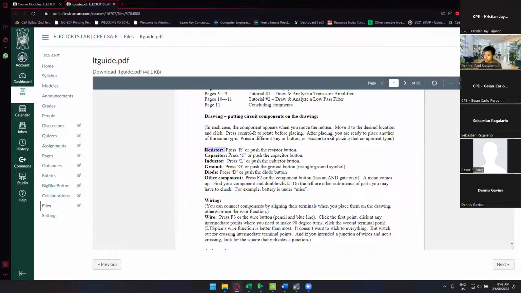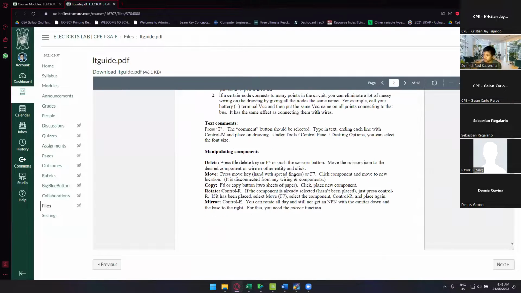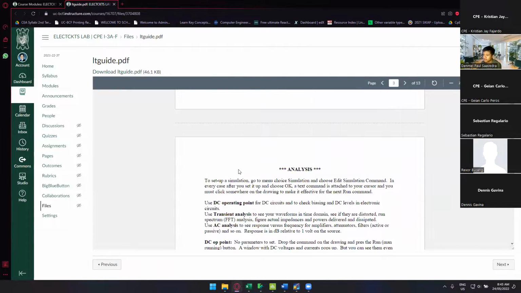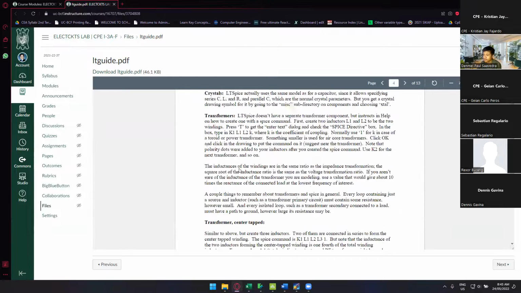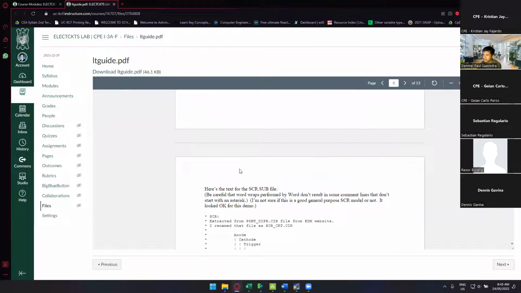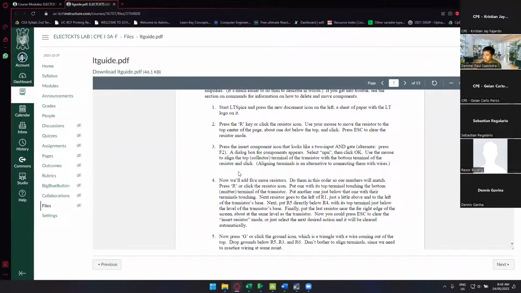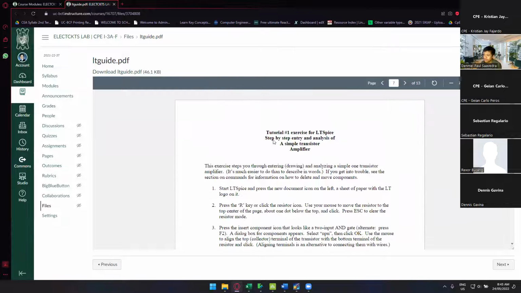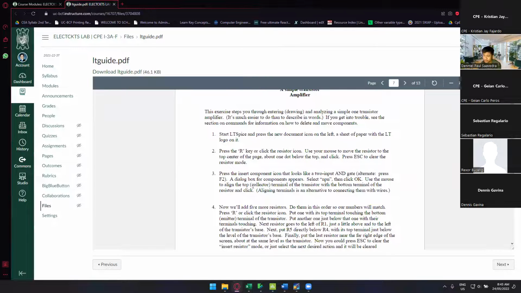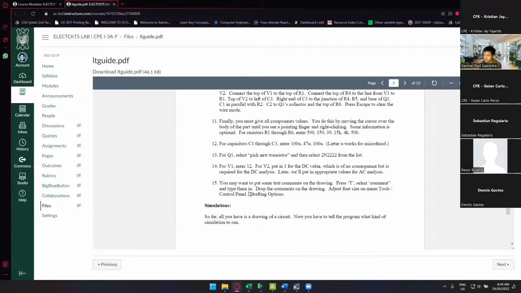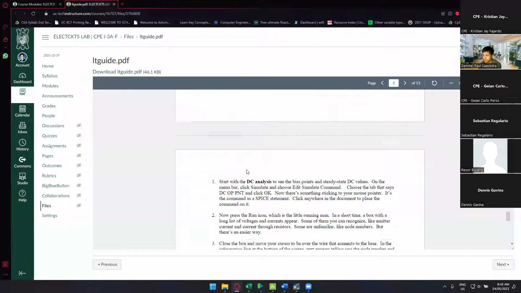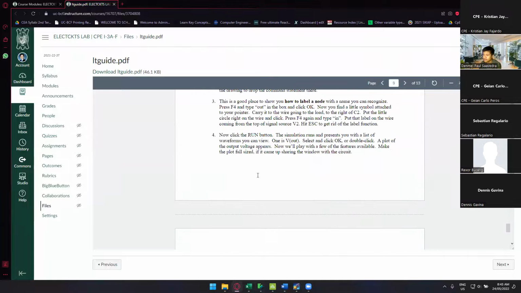It will teach you some basic shortcuts like R for resistor, C for capacitor, L for inductor, etc. Here we have tutorial number 1. You can follow this one on how to start using LTspice. We have 15 steps, and then how to simulate, etc.